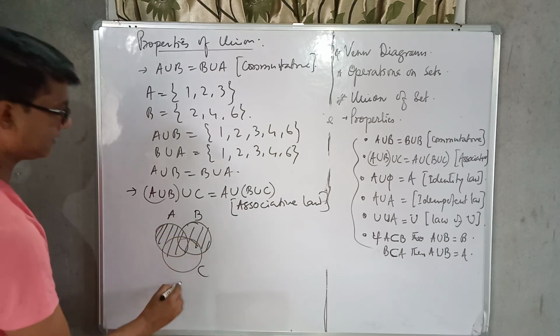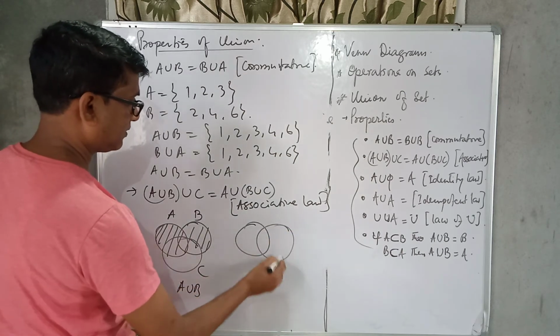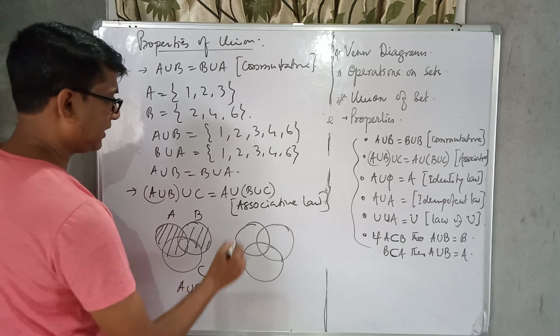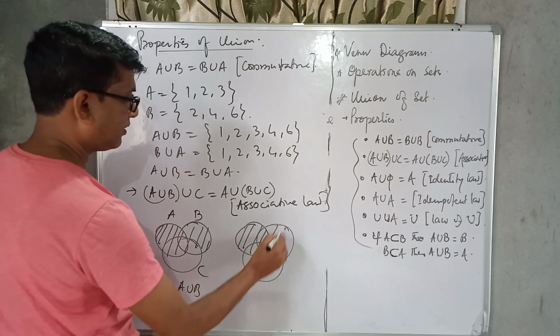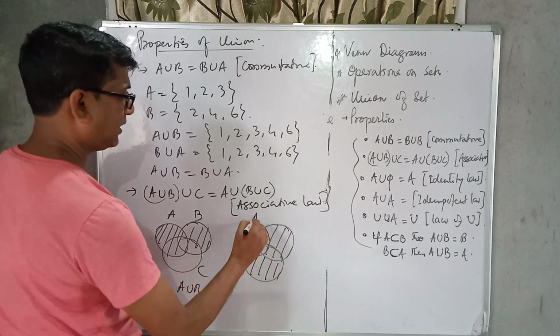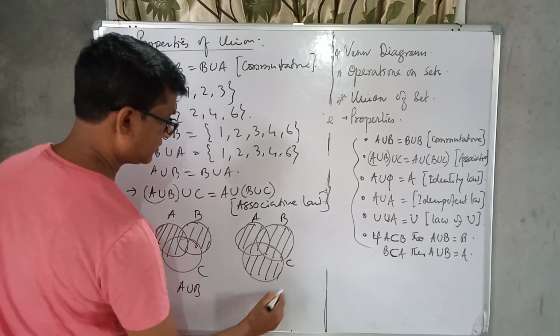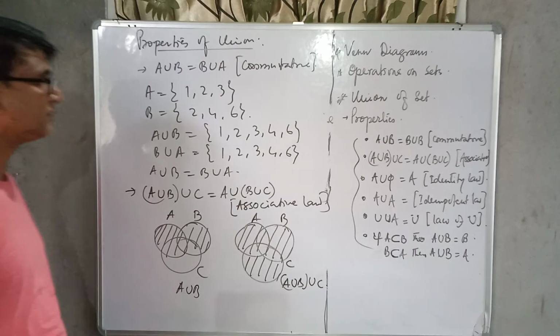This is A union B, and with this A union B, it says C. So A union B, already this part, again C, this is C. This is A union B union C.